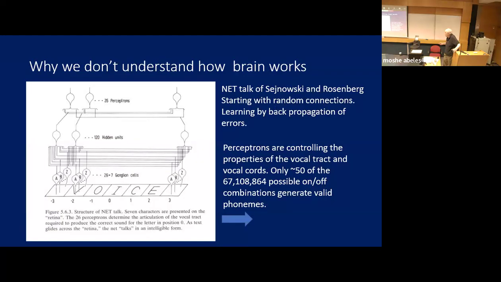So there are 26 perceptrons. 26 perceptrons had over 67 million combinations, but only 50 of them are the phonemes that make any sense. I'll try to let you hear how it works.